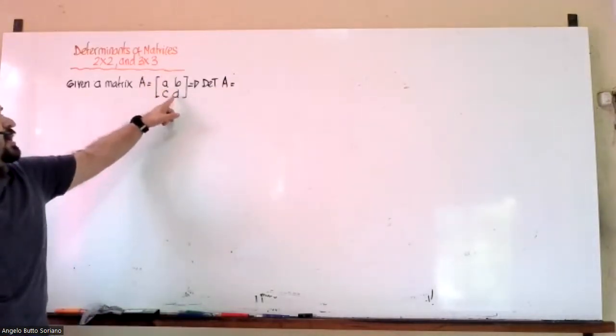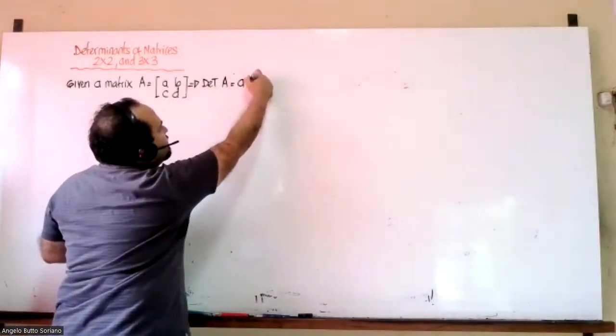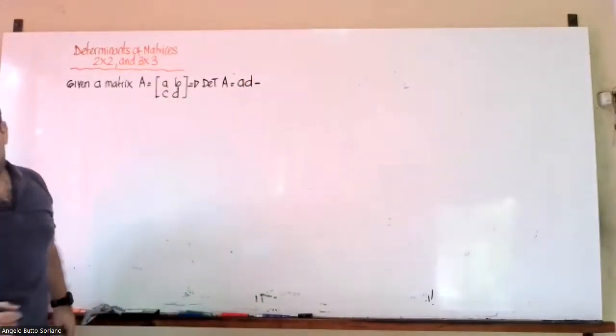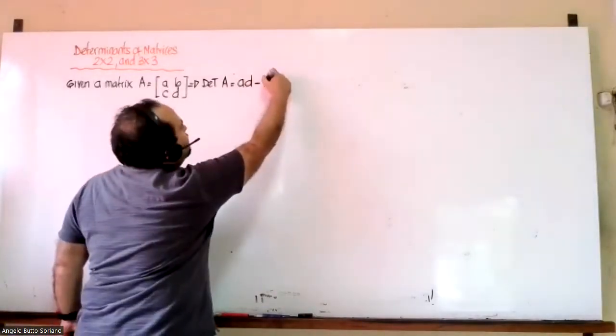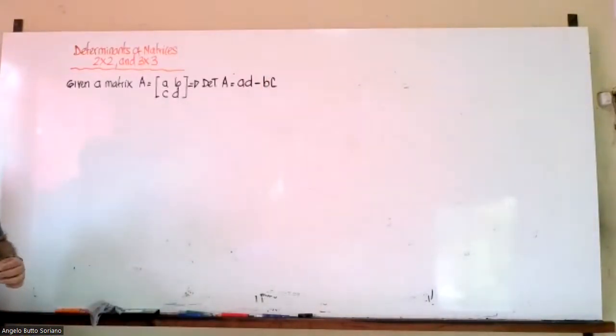What does that mean? I'm going to multiply A times D, subtracting B times C. This is going to be the formula for calculating determinants.